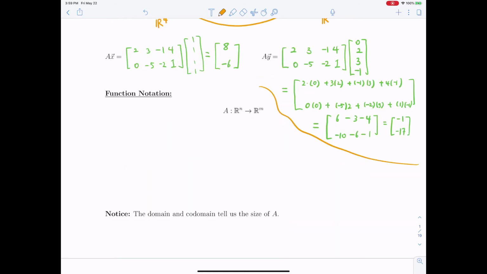So basically, we can regard the matrix multiplication A as a function from R^n to R^m, where x is sent to A times x.